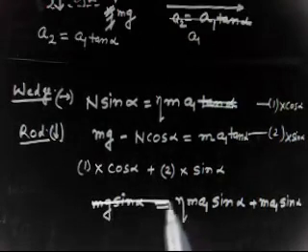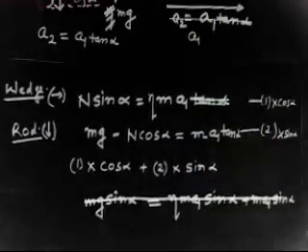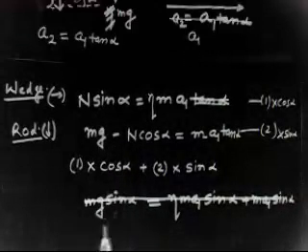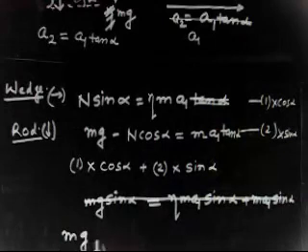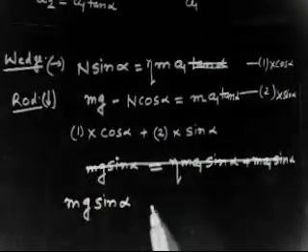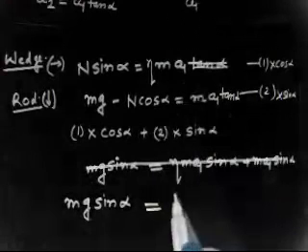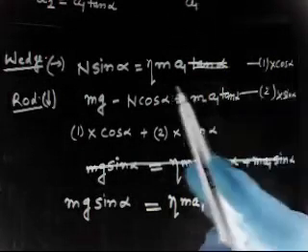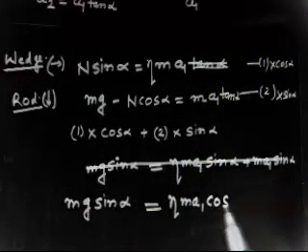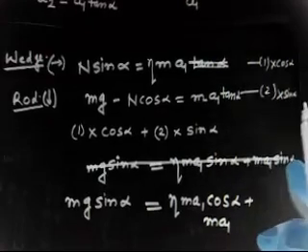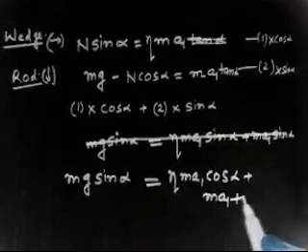So let us rub this one again. So N1, this side will be the same, mg sin alpha. Are you getting? Now this side you will have m a1 cos alpha, plus m a1 tan alpha into sin alpha. So tan alpha sin alpha.